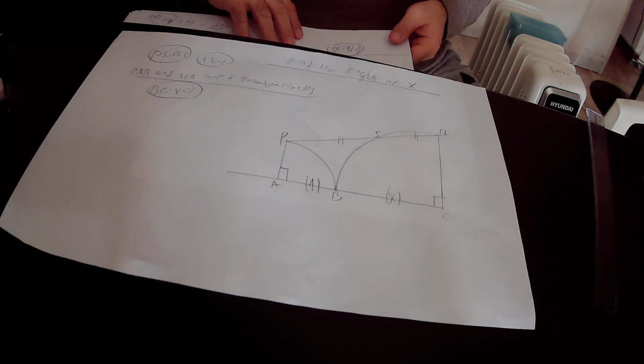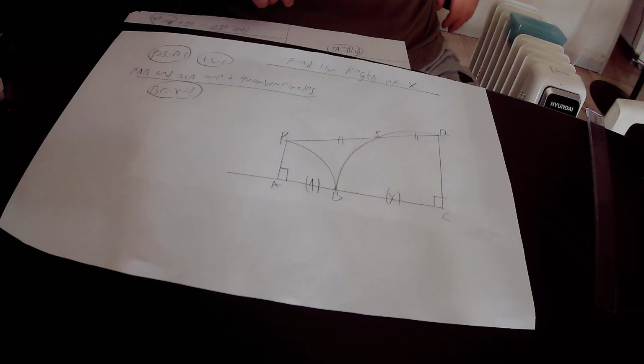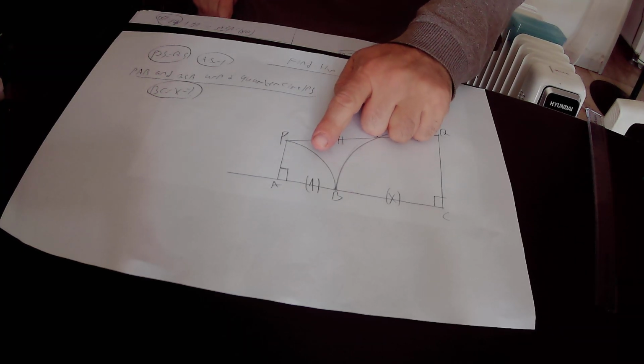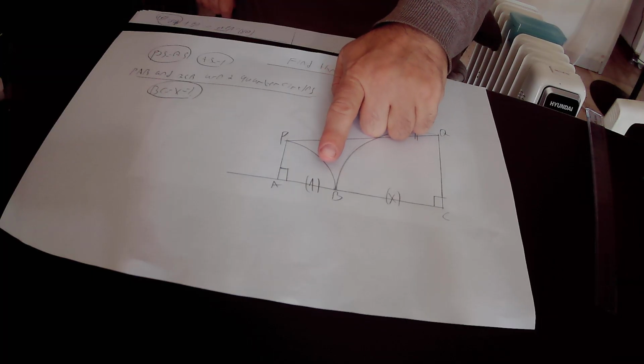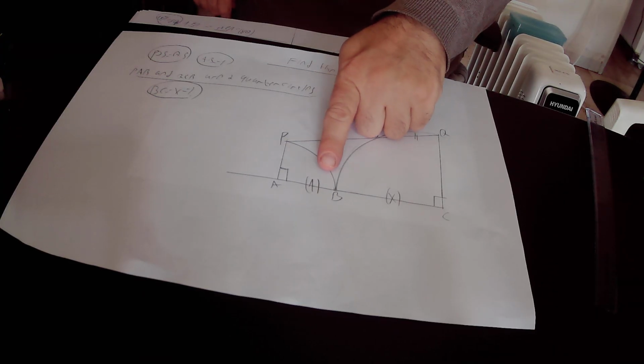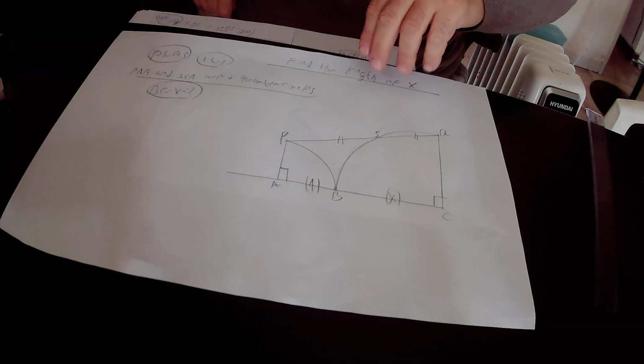So first of all, this is a quarter circle, and therefore side AB equals side AP. They are both the radii of this quarter circle, therefore they are equal to each other. But AB equals 1, therefore AP must also be equal to 1.